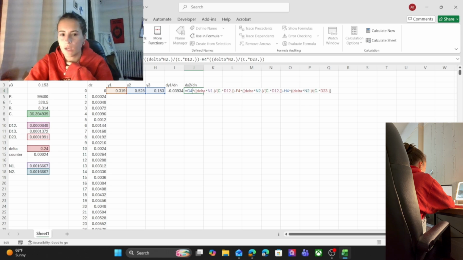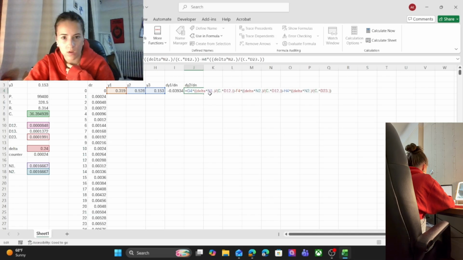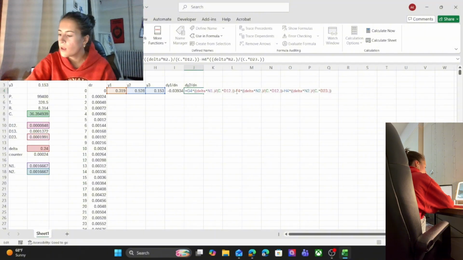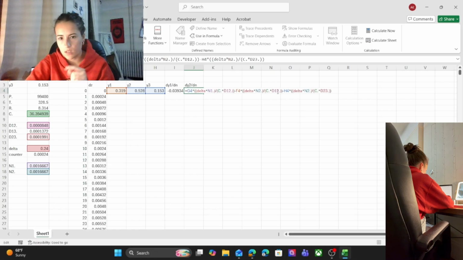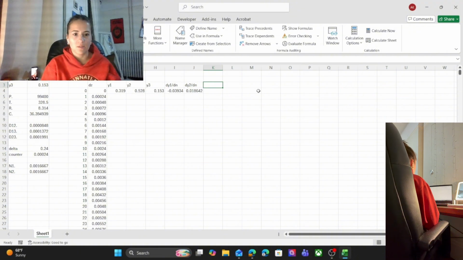And then this one we have, we should have Y2 times delta N1 C D12, which is the same as D21, minus Y1 delta N2 C D21 minus Y3 times N2 over C D23. Okay, so perfect. Now we have these two values, so that's great.